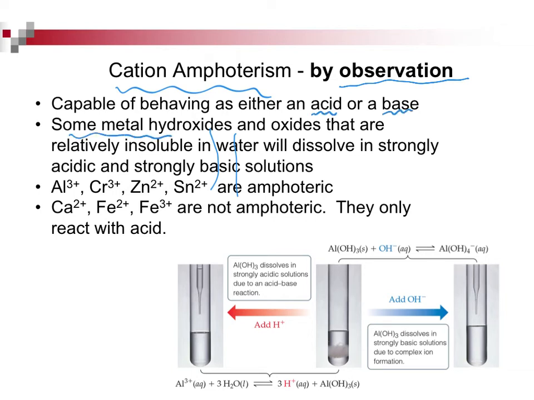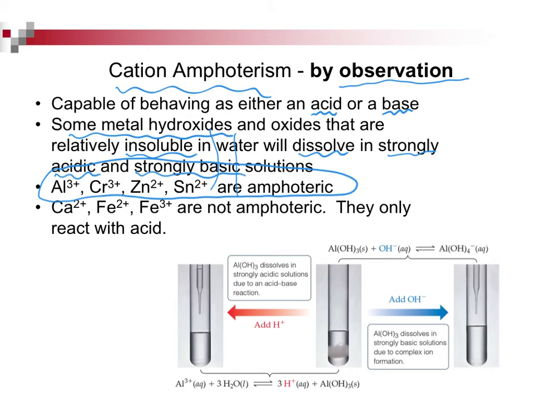There are some metal hydroxides that are insoluble in water, but they will dissolve in both strongly acidic and strongly basic solutions. The ones where they have made this observation are aluminum, chromium, zinc, and tin. These others are not. In the old days, we had a lab where you actually observed it with your eyes. It made it a lot easier to teach it, okay?